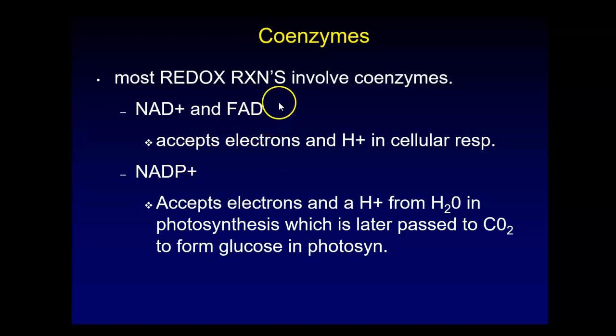So these are the oxidized versions, and I really want to write that on the screen. Oxidized. Again, when they pick up the hydrogen ions, for example when NAD+ becomes NADH, this is reduced.